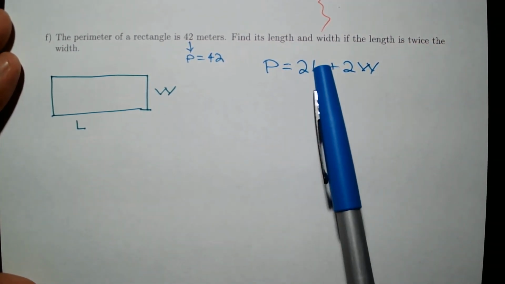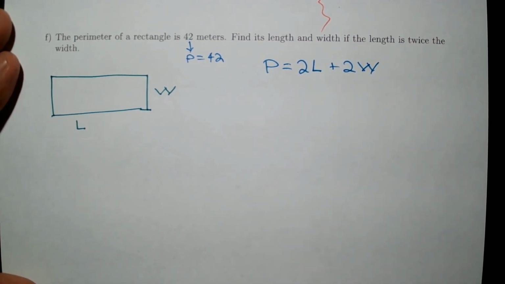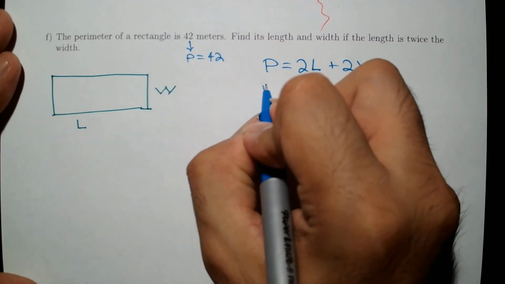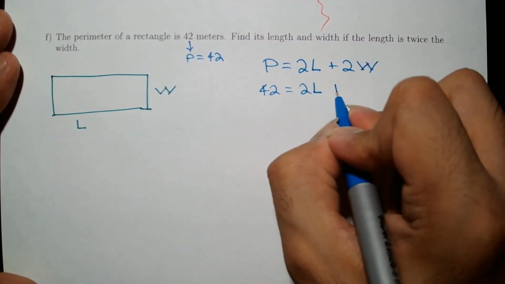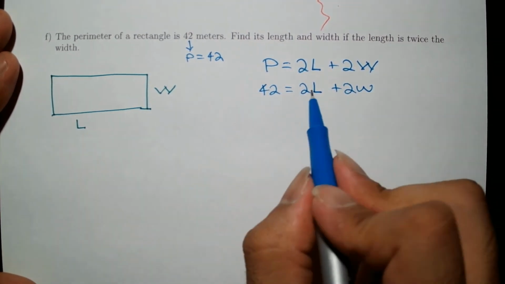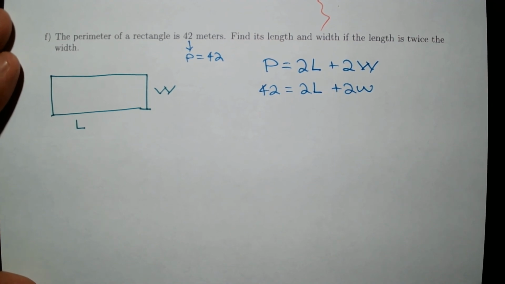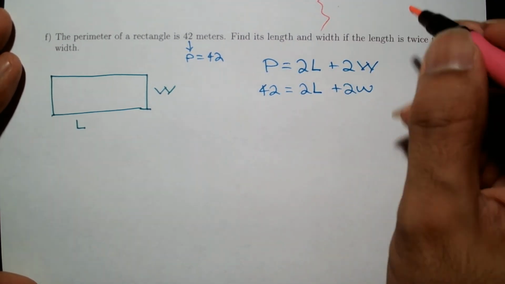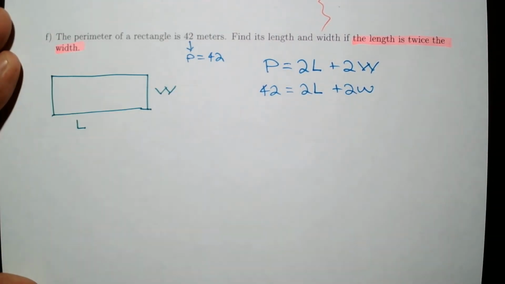Okay, so now let's represent this length and width in terms of one single variable, because if we put in numerical values, we are going to end up with one equation and two unknowns, and that's not going to lead to an easy problem to solve. So let's focus on the part of the problem which says the length is twice the width.